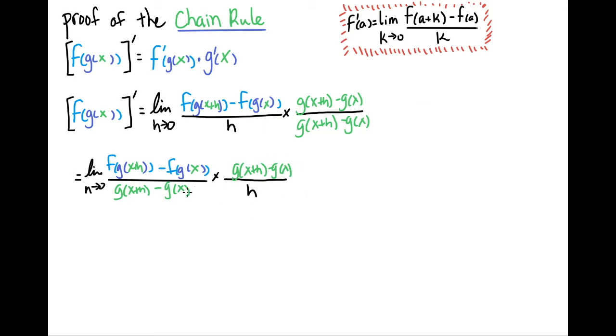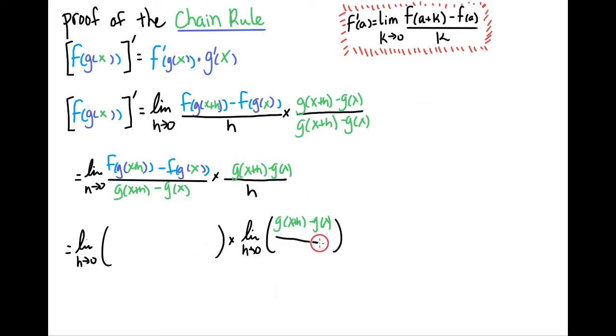And you might say, hey, since we're taking a derivative, since we're looking at limits, well, I know a limit law that says that the limit of a product is the product of the limits. So we can rewrite this as the limit as h goes to 0 of everything here multiplied by the limit as h goes to 0 of g of x plus h minus g of x all over h.